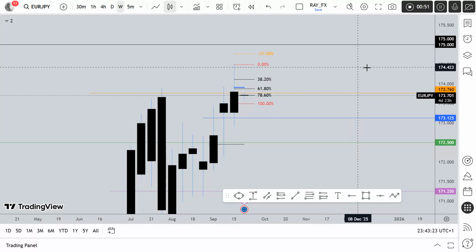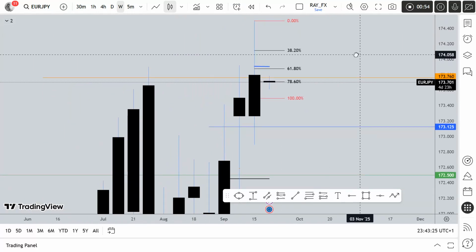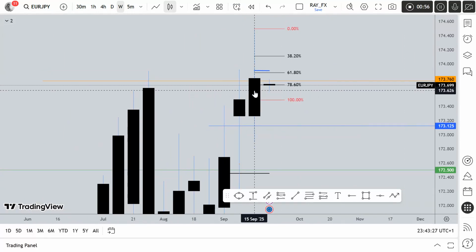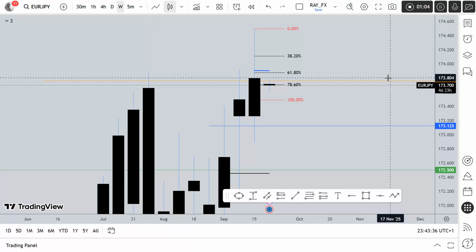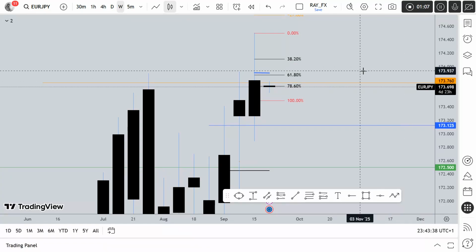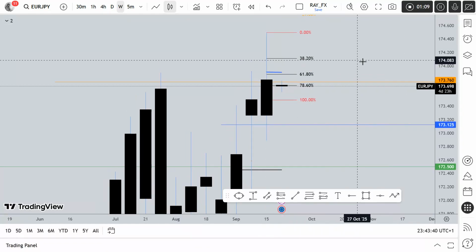Now, getting into it, you can see that last week we had a bullish candle close, which was more or less above this previous high and above 173,750. So it's more or less like an engulfing, but we had a long wick at the top.